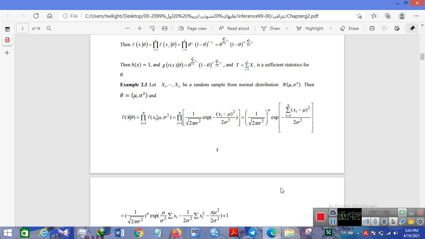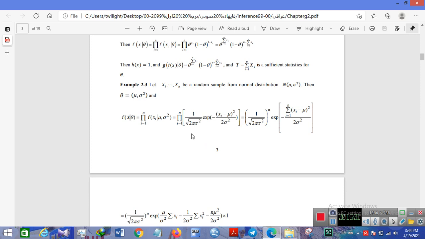Next example, let X1 to Xn be a random sample from a normal distribution. So theta has two dimensions, mu and sigma squared, and we can write the probability of X1 to Xn. Because of independence, we have this product, and we replace the density function of the normal.